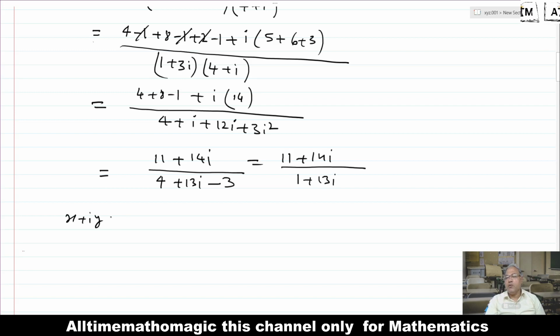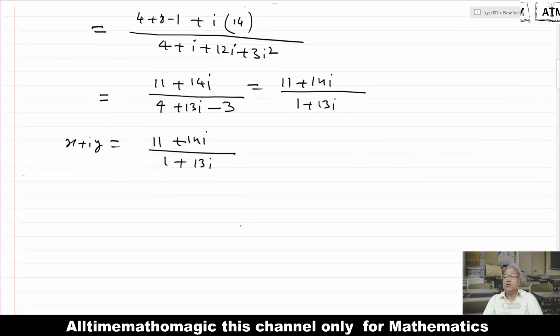x plus iy equals 11 plus 14i divided by 1 plus 13i. Now it is not a pure complex number because of the division. So what you can do, you can rationalize the denominator, multiplying and dividing by the conjugate, 1 minus 13i.